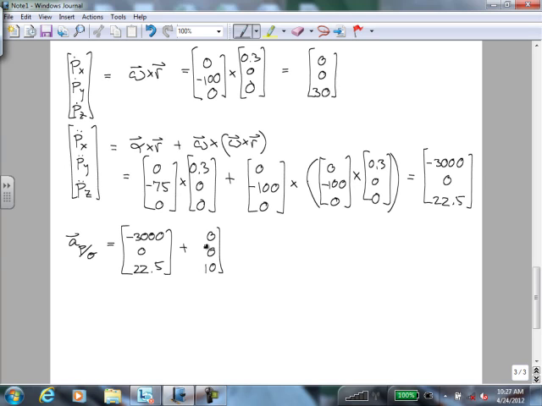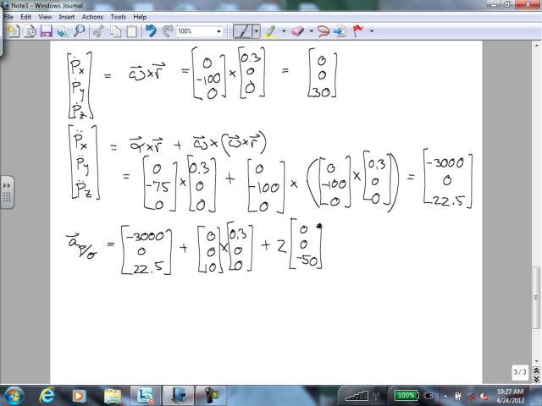Then plus 2 times omega, which is 0, 0, negative 50, crossed with the velocity of the ball in the coordinate system. So what's that vector going to be?